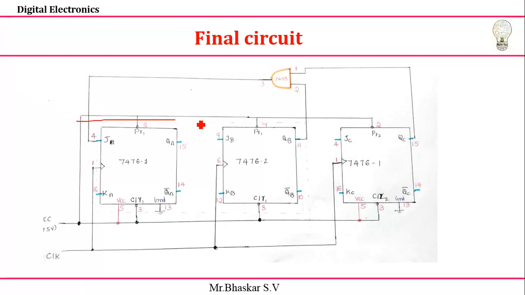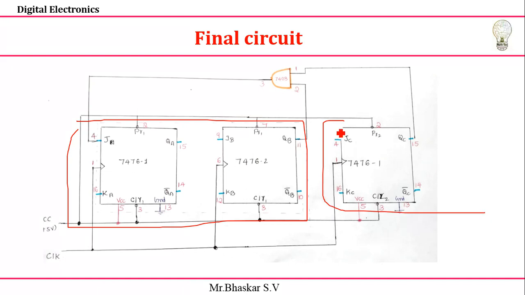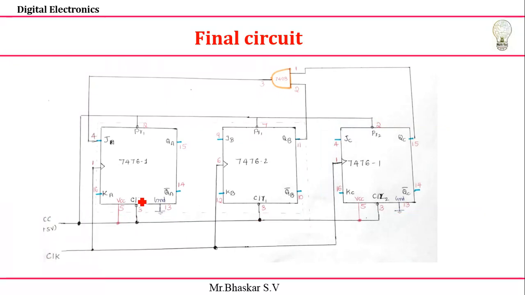These two are on one IC, and this is another IC part. So this one I need to connect to VCC, pin 5, and 13 you need to connect to ground. Don't do it for this one because these two are on the same IC, and this is another IC, that's why I'm going to connect it. VCC pin number 5 is also connected here, and 13 we are going to connect to ground. Once you connect this, preset and clear are done.